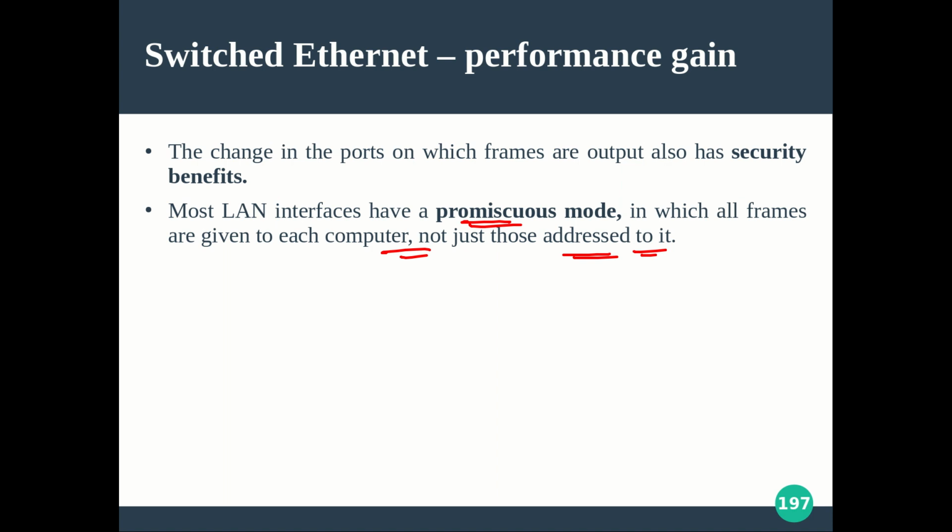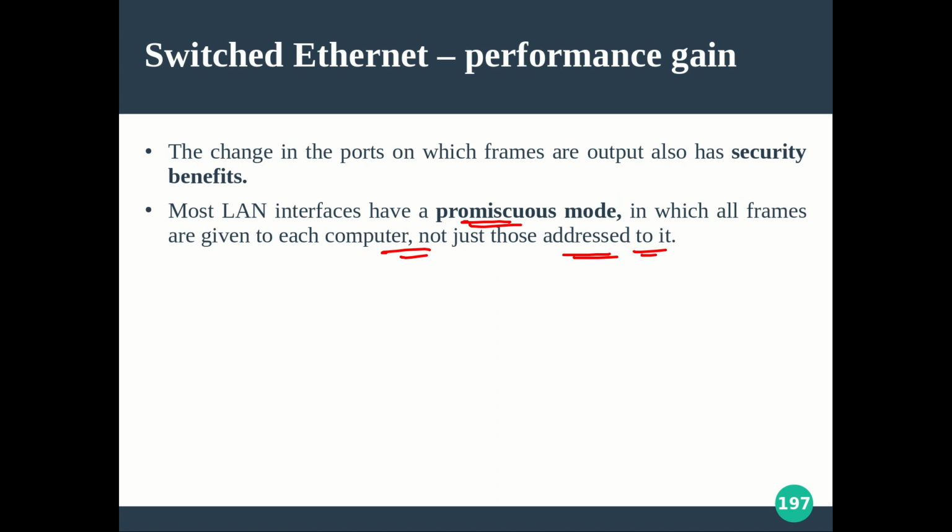Every device has some responsibility: they take their own MAC address and check it against the destination MAC address present in the frame. If there is a match, they understand that it is for them and they take it. If it is not matched, they simply ignore it.